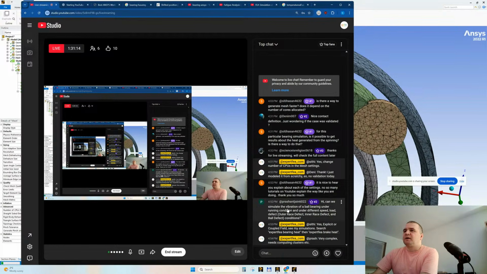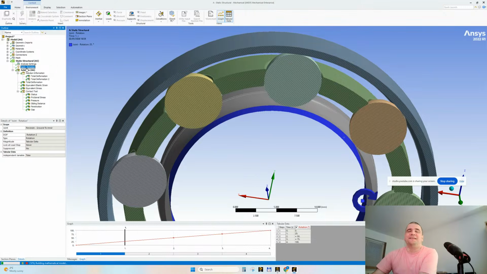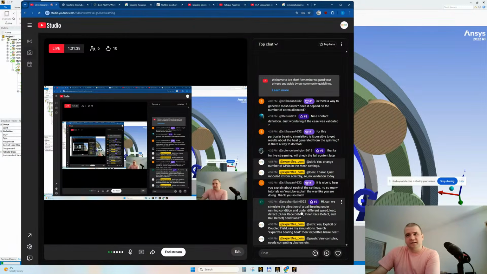So, dear Prashant Jain, we are simulating 100 degrees rotation. This is less than 30% of one rotation. And you suggest, and it's no problem to suggest, to simulate the vibration of a ball bearing under running conditions after hundreds and thousands and millions of rotations.